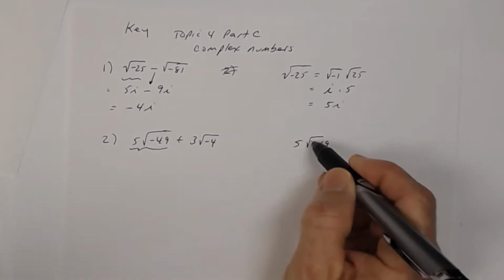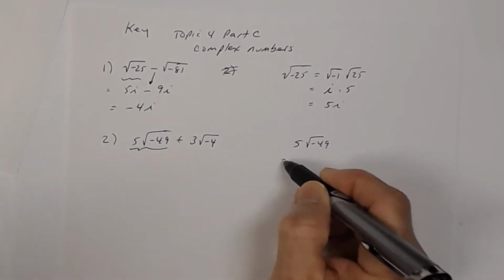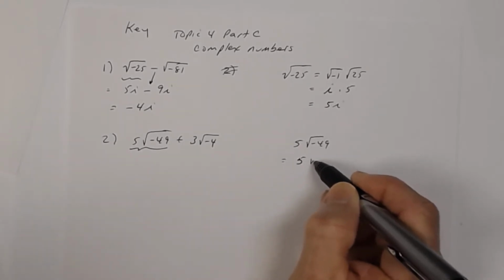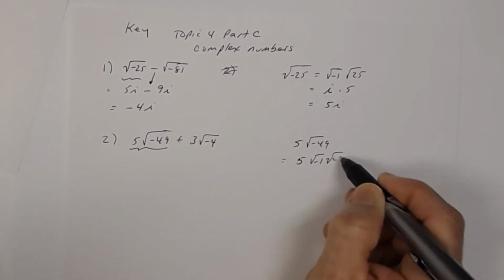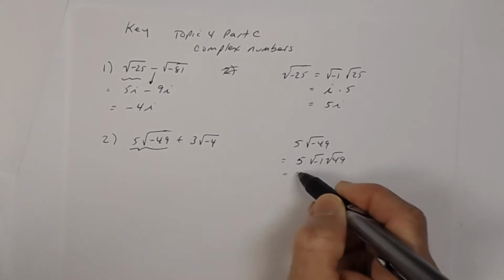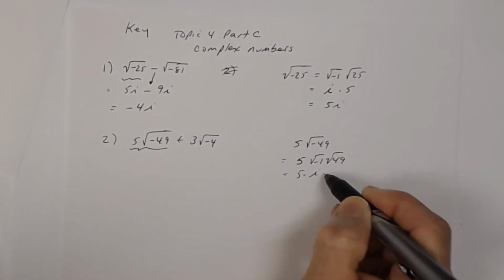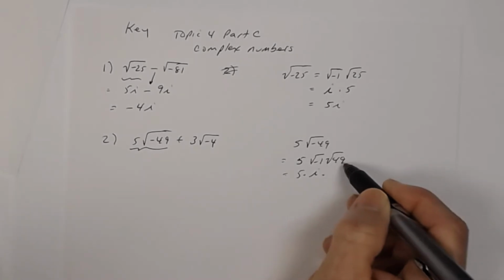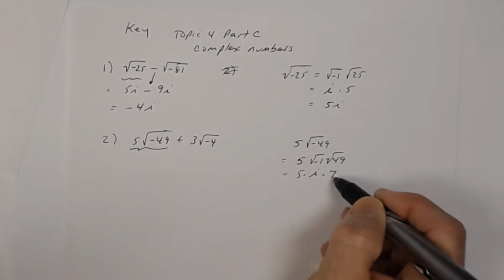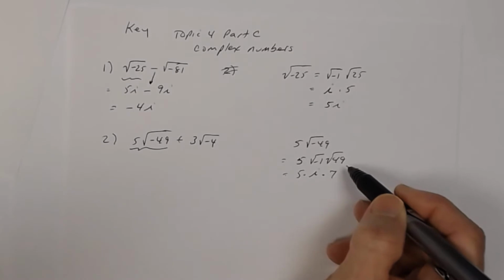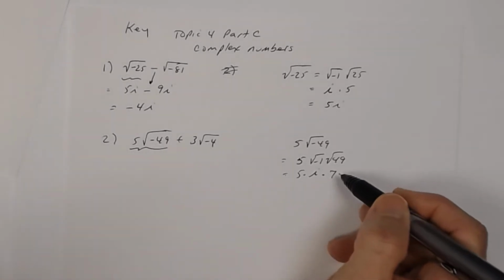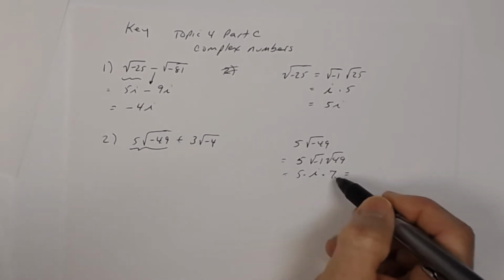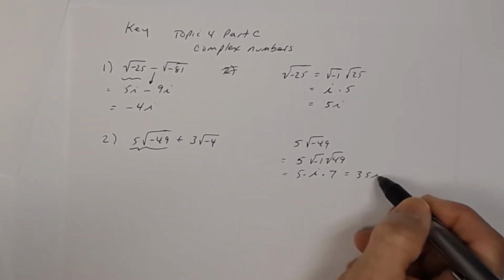I can rewrite this as 5 times the square root of negative 1 times the square root of 49. So I get 5 times i, and then times the square root of 49, which is 7, because 49 is a perfect square, 7 times 7 is 49. And so this becomes 5 times i times 7, which is 35i.